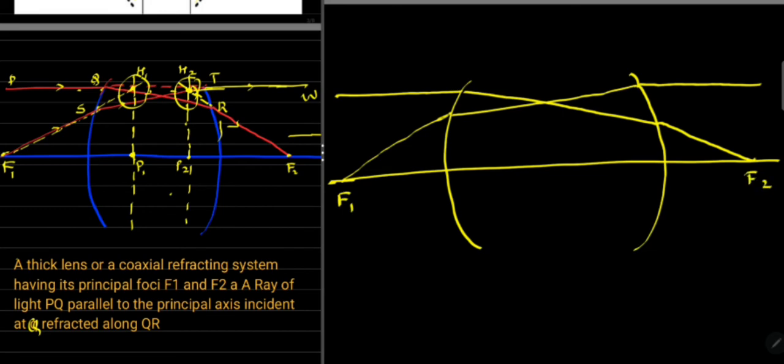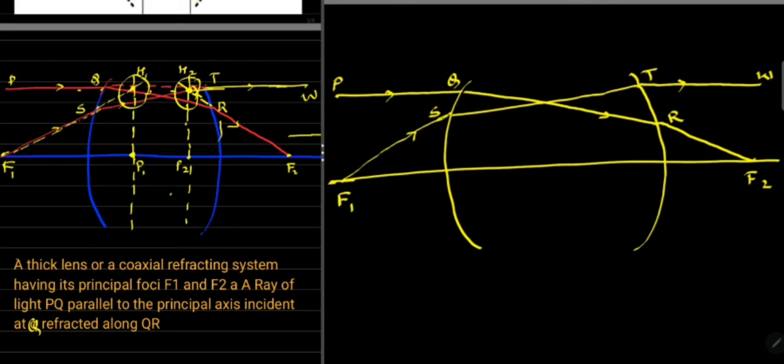Okay, now here we'll give a name for each point. This is S, and then this is T, and then this is W, and then this is R, and this is Q, and then this is P. So all these are incident and then refracted rays.